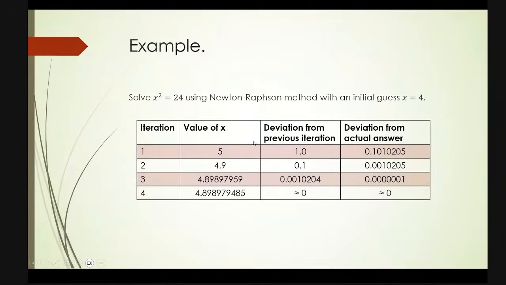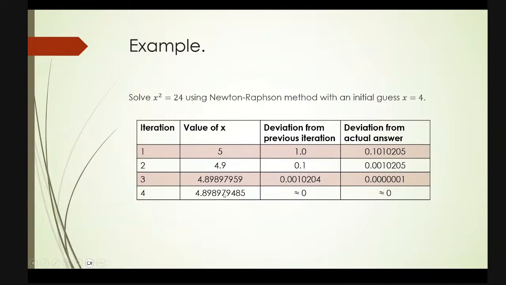This is a table showing the subsequent values of x. As you can see, we got the value of x1 to be 5, the value of x2 is 4.9, and subsequently we had values of x3 and x4 as well. Clearly, the difference between x3 and x4 is very small. Also, the value of the function for this value of x4, that is 4.898979, is roughly equal to 0.